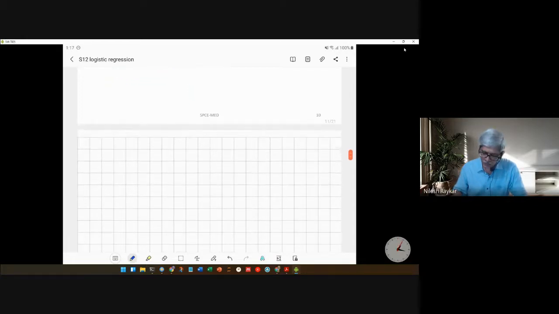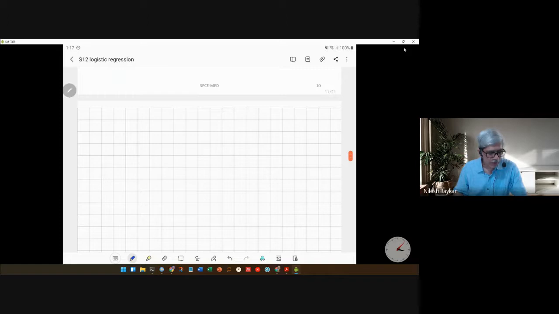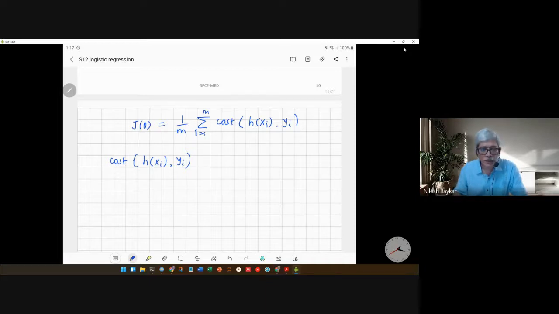So J theta would be 1 by m sigma i equal to 1 to m of the cost, which is a function of x and yi. So this cost in terms of the hypothesis function for a particular sample whose feature vector is xi and label value is yi is defined as follows.